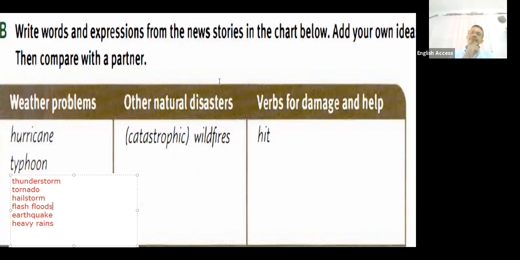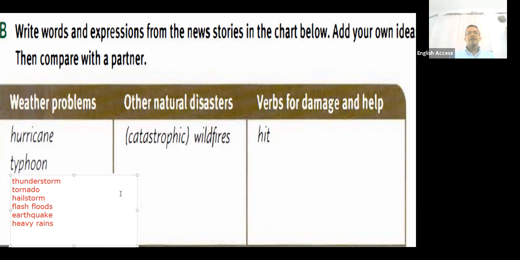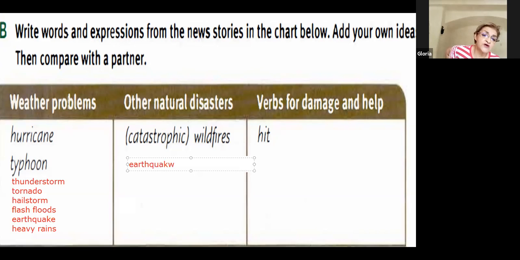Earthquake is another, sorry, because it's disasters. Yeah, well, you could say it could be considered another natural disaster to be here. Okay. I think, teacher, I don't know.